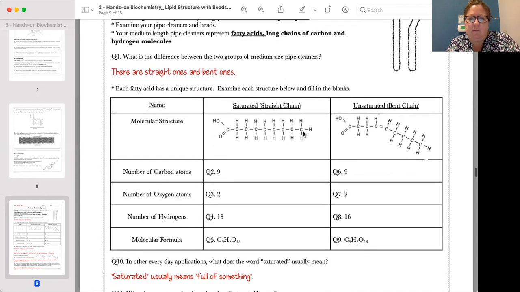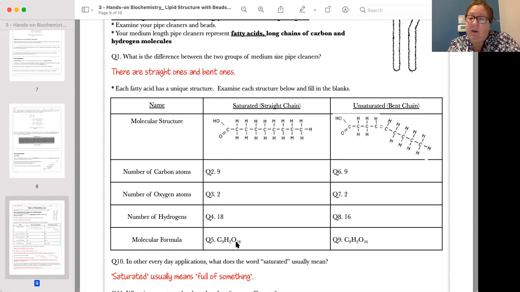Let's look at those. The molecular structure of a saturated fatty acid chain has no double bonds. Everything is single bonded to another carbon. This fatty acid has 9 carbons, 2 oxygens, and 18 hydrogens.